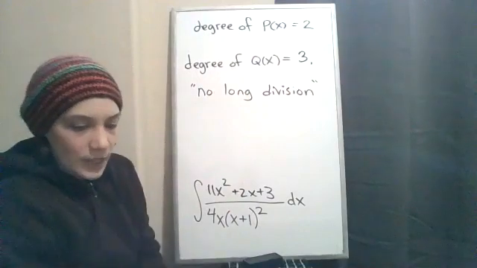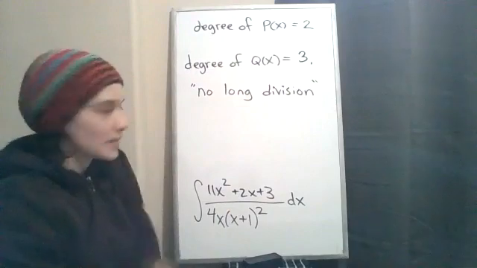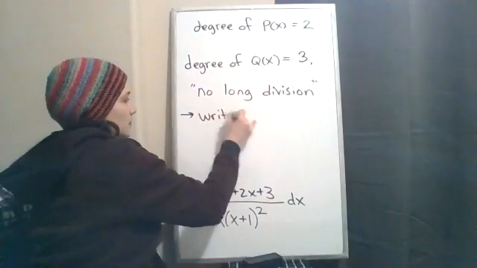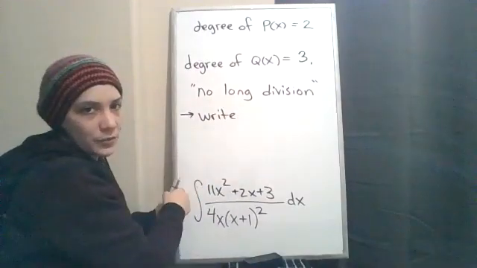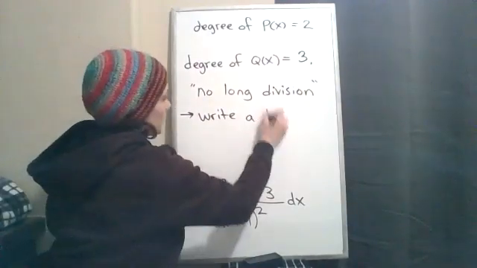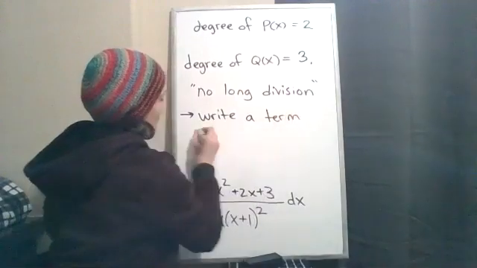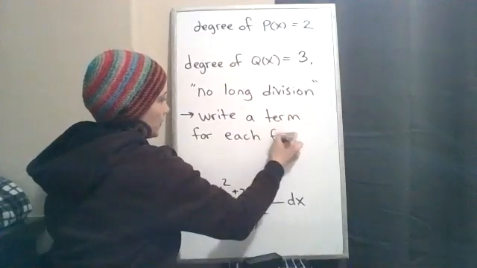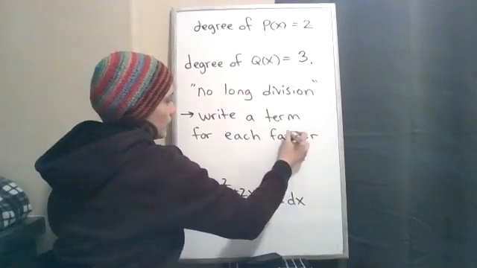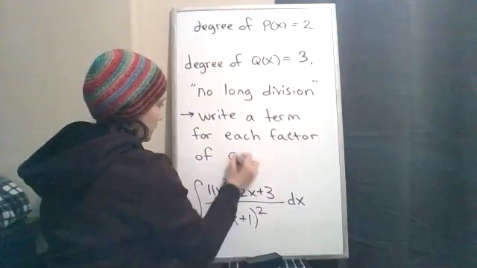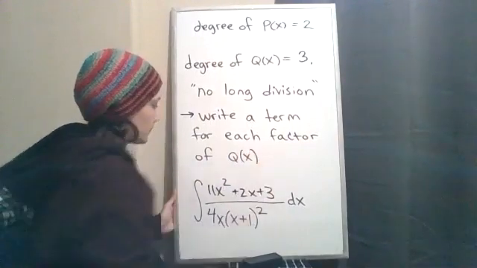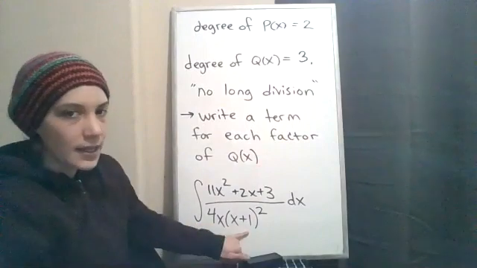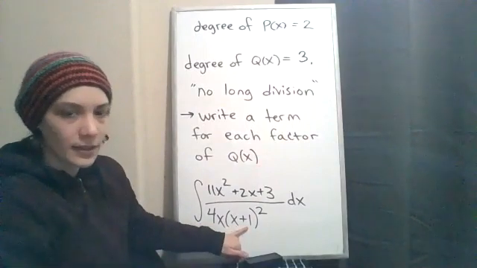So what we'll do is write a term for each of your factors that has those forms we talked about before. There's a term for this part, 4x, and there are two terms for this repeated factor.